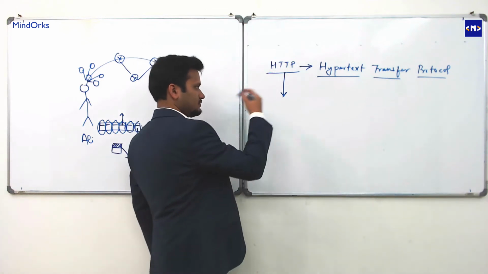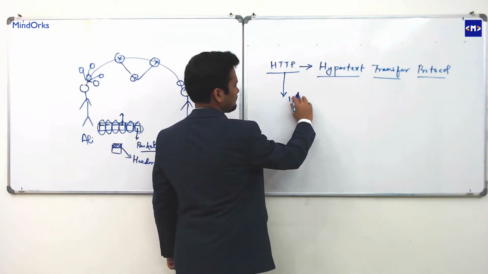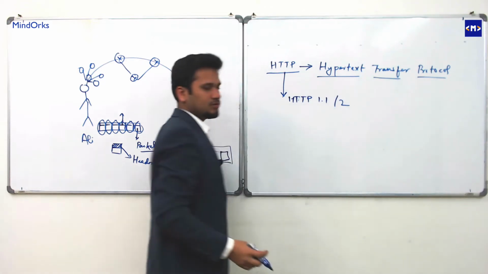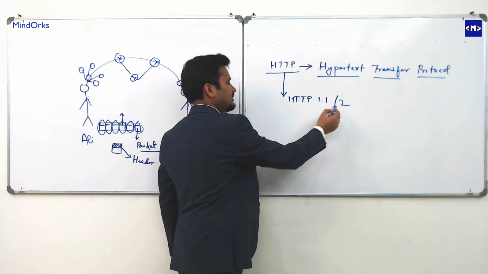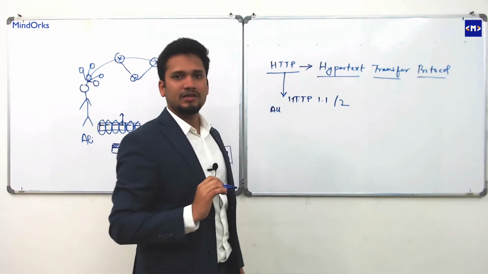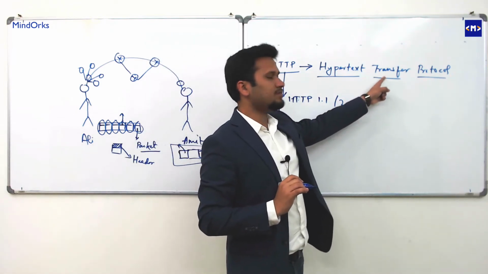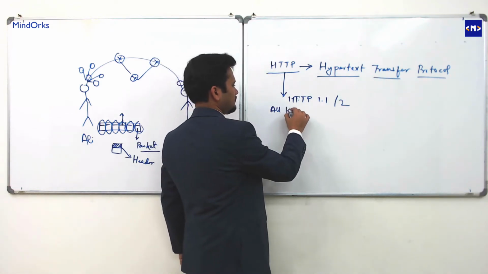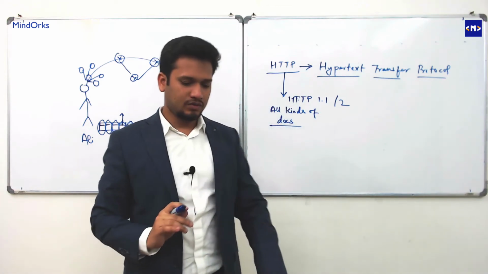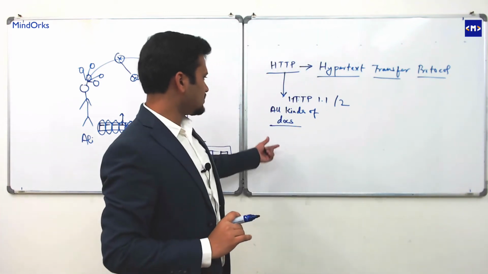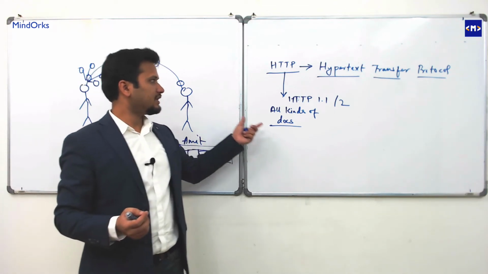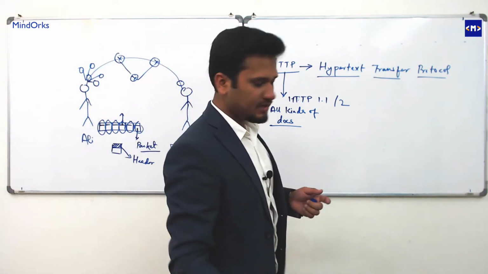Now the HTTP protocol is at version 1.1, and now version 2 has also been released. With this protocol we can send images, plain text or JSON objects, web pages, CSS files, and everything.